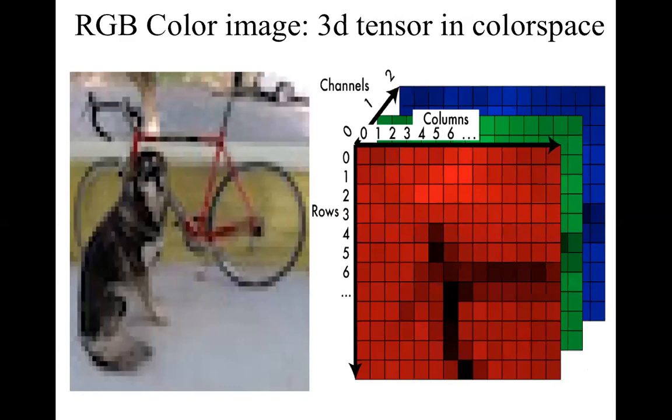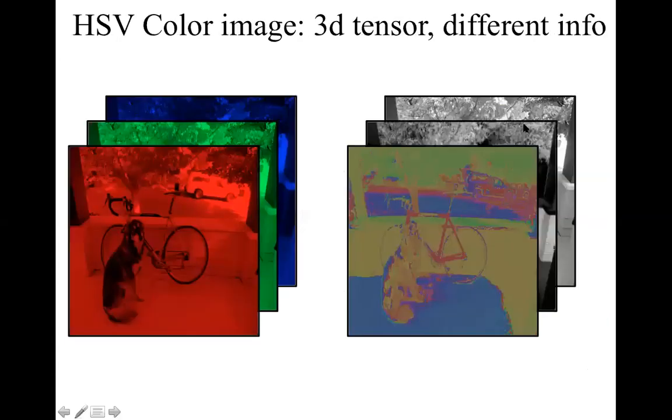I think I showed you this image in lecture 2 or 3, in the beginning, where we talked about color images in the RGB format. Here you have 3 channels: the red channel, the green channel, and the blue channel. Now in the HSV color format, the red, green, and blue channels are replaced by 3 other channels, the hue, saturation, and value.